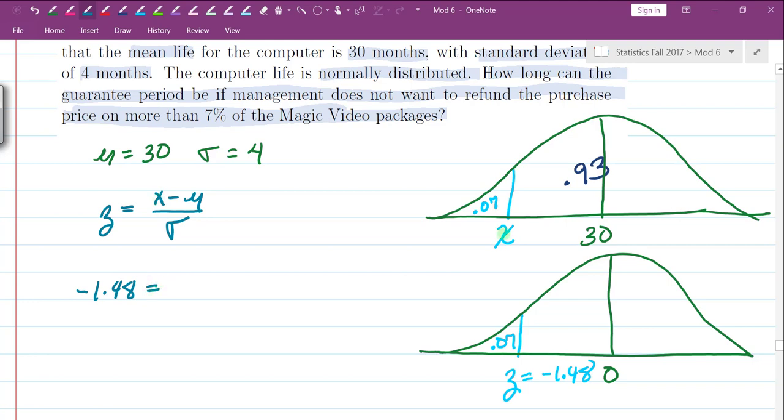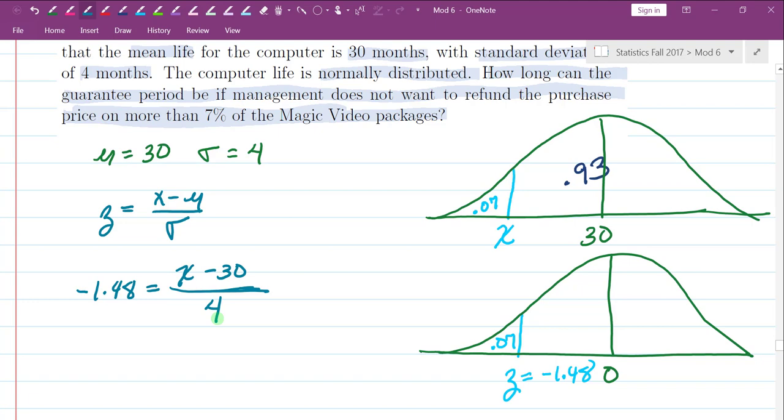That's what we're trying to solve for, just like in college algebra, right? We always had to solve for x. Minus our mean, which is 30, divided by our standard deviation, which is 4.